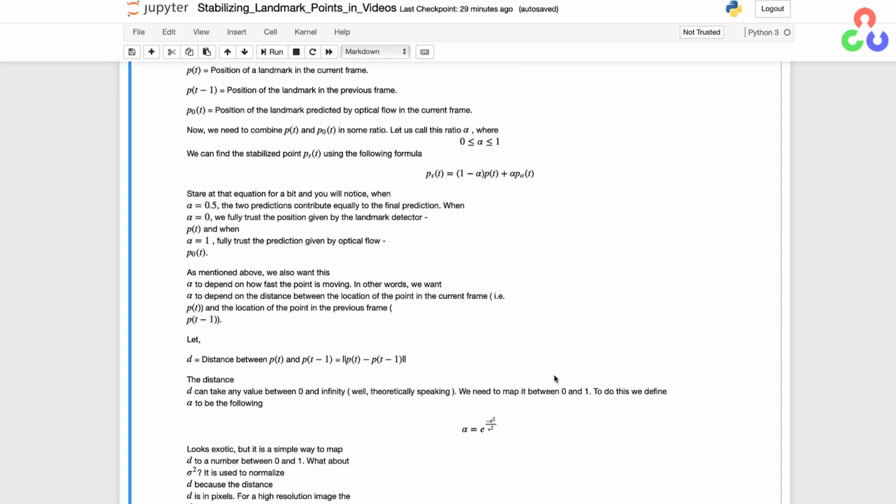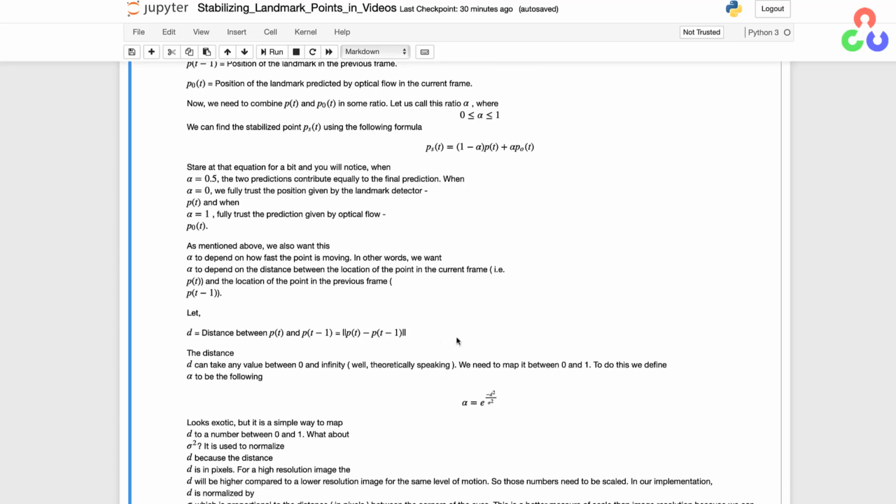The question is, how do we calculate alpha? We can calculate alpha by checking how fast the point is moving. In other words, we want alpha to depend on the distance between the location of the point in the current frame and the location of the point in the previous frame. And this distance is basically given by this norm.